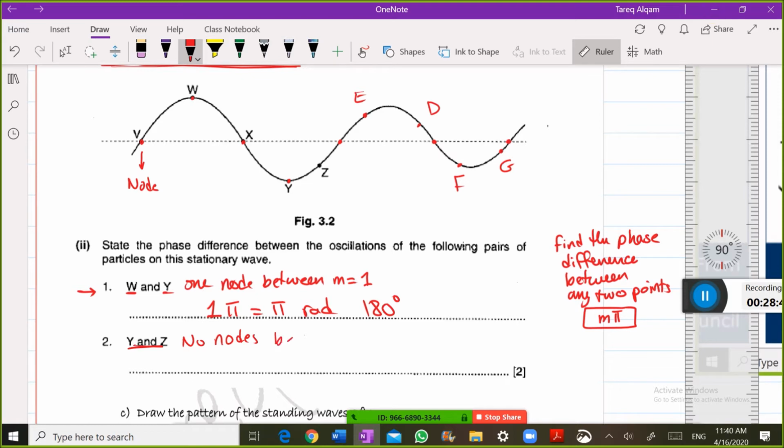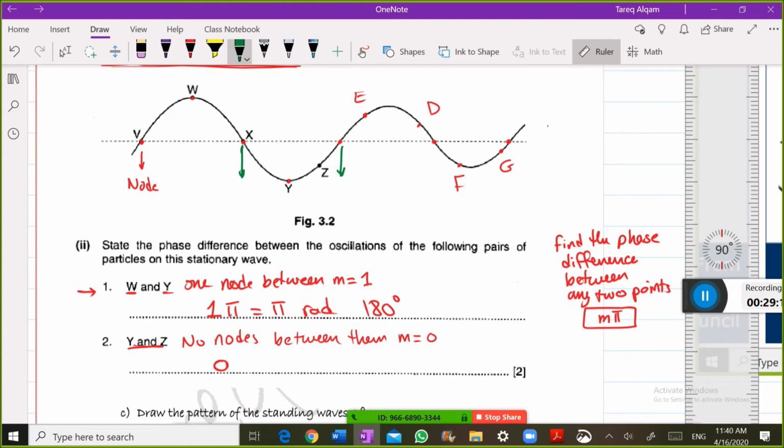So the phase difference between them is 0. As I mentioned before, guys, between any 2 successive nodes, any points will oscillate in phase. These particles are either moving upward together or moving downward together. Is that clear?